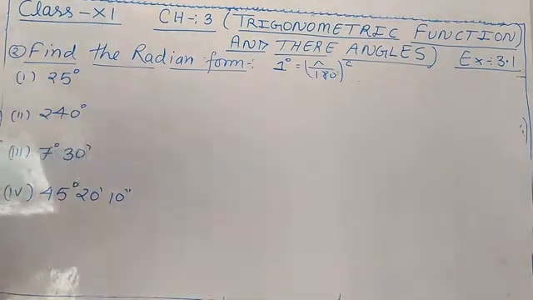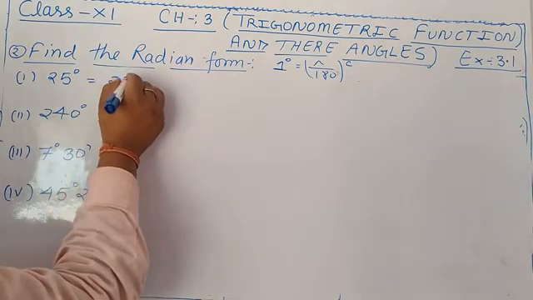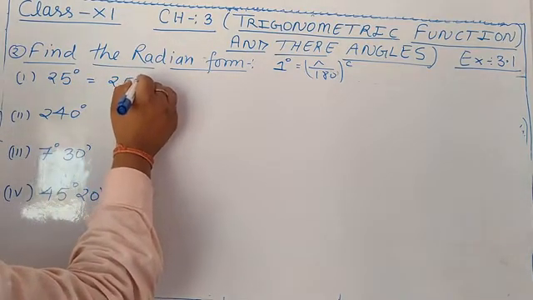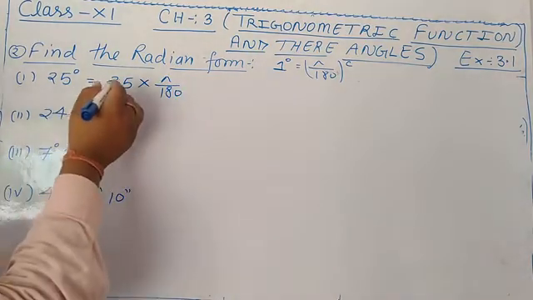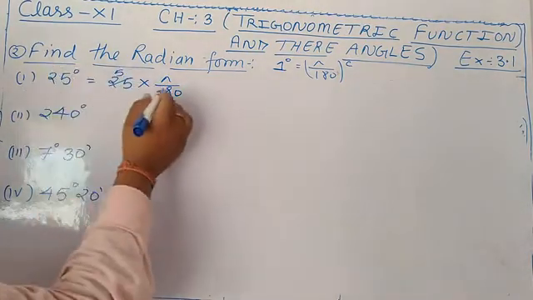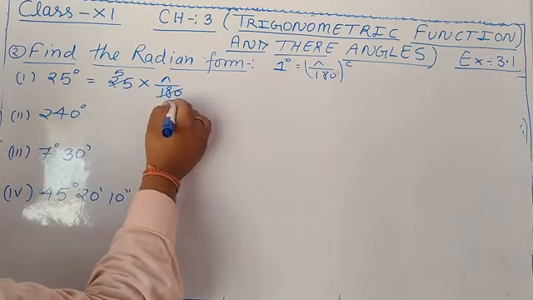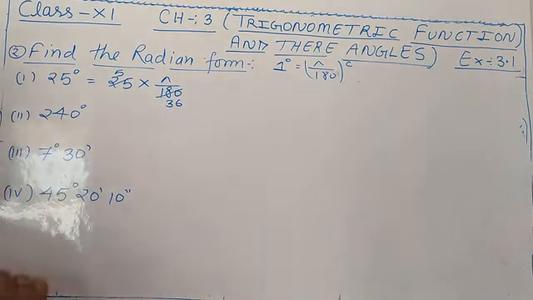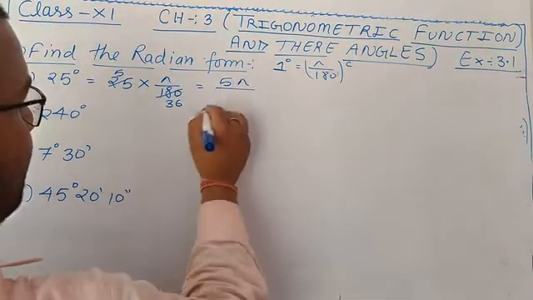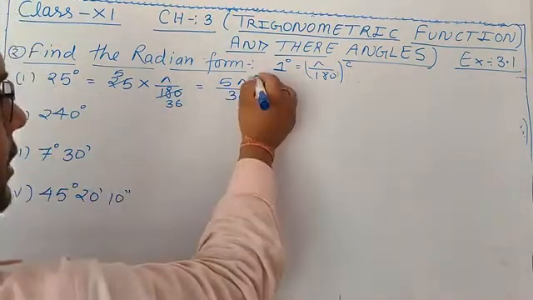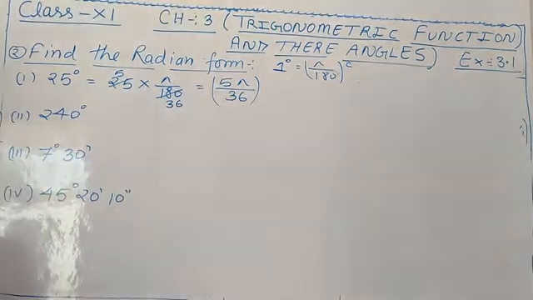Convert to the radian form. 25 into pi upon 180. 5 5s are 25. 5 36s are 180. 5 3s are 15, 5 6s are 30, is also equal to 5 pi by 36 in the form of radian form.